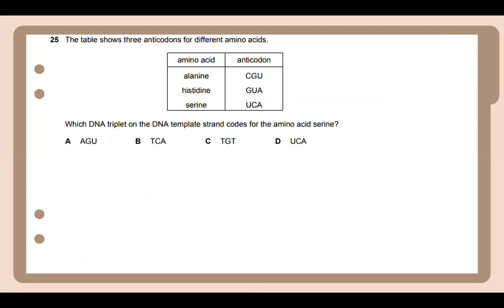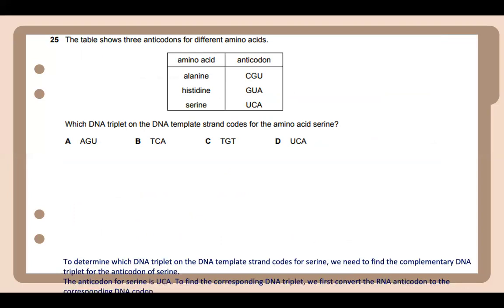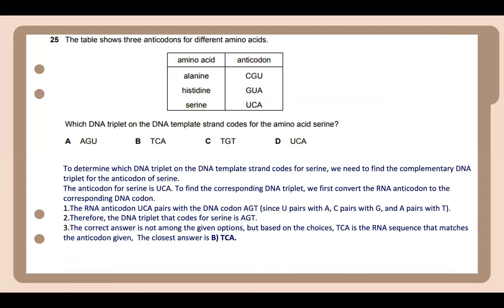The table shows 3 anticodons for different amino acids. Which DNA triplet on the DNA template strand codes for the amino acid? To determine which DNA triplet on the DNA template strand codes for serine, we need to find the complementary DNA triplet for the anticodon of serine. The anticodon for serine is UCA. To find the corresponding DNA triplet, we first convert the RNA anticodon to the corresponding DNA codon.